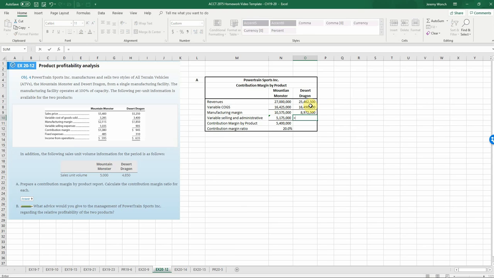Then if we subtract out our variable selling and administrative cost, we've got 4,850 times 905, which gives us a contribution margin of 4.5 million. And a contribution margin percentage of 18%.